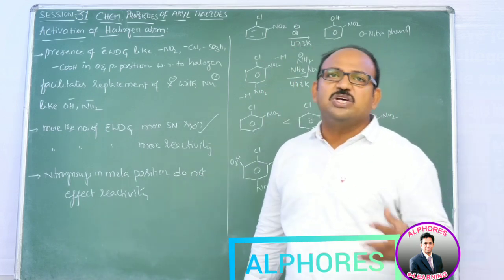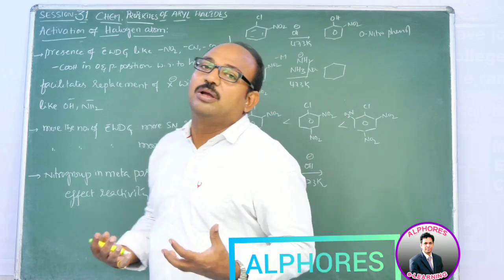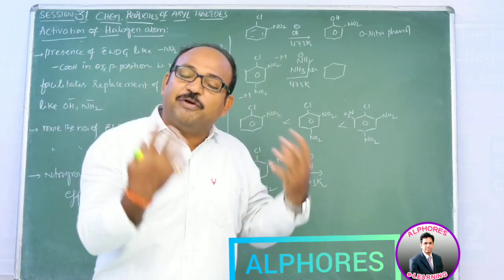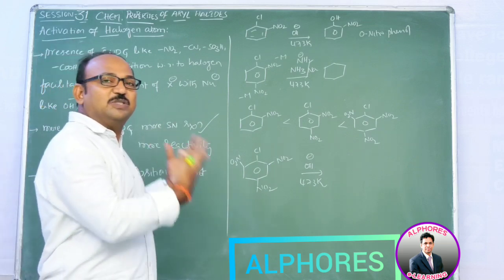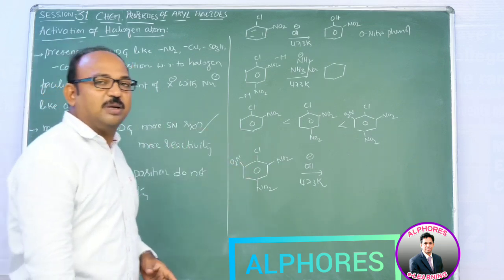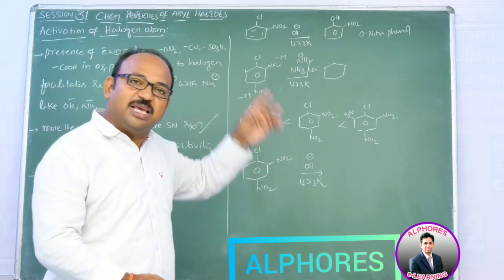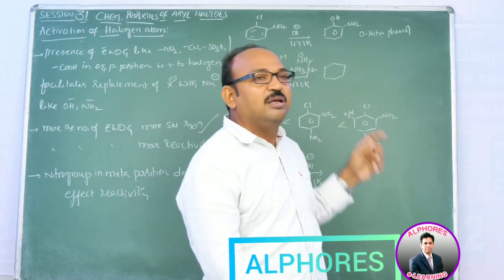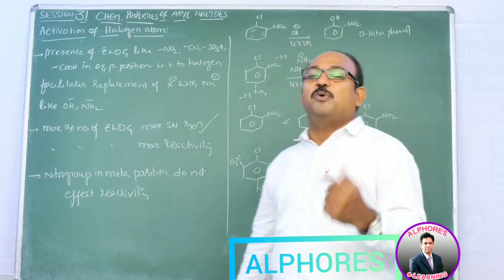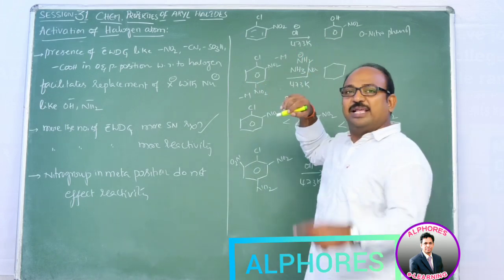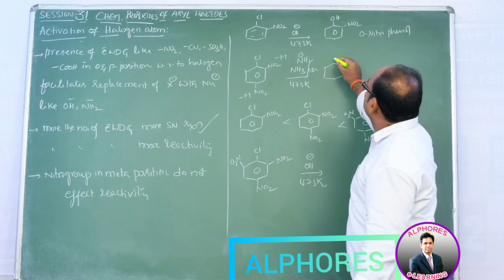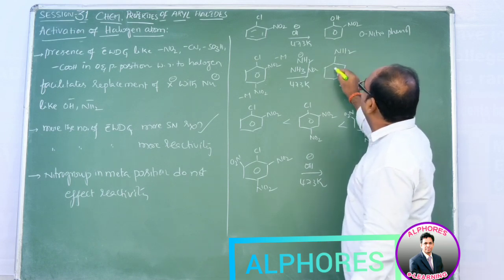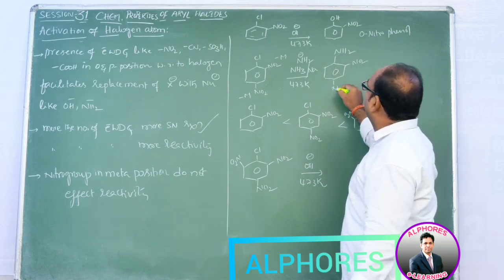In other words, the solvent molecule cannot participate effectively in a nucleophilic substitution reaction, as happens in SN1 and SN2. But in the Ar-SN reaction, such a phenomenon is not possible here. So NH2 minus displaces the Cl minus, and we get NH2 here with NO2 and NO2.